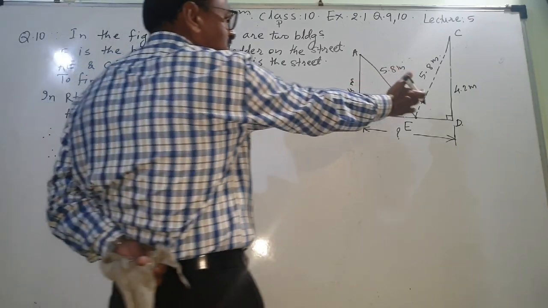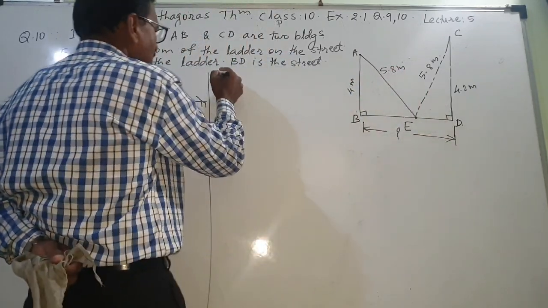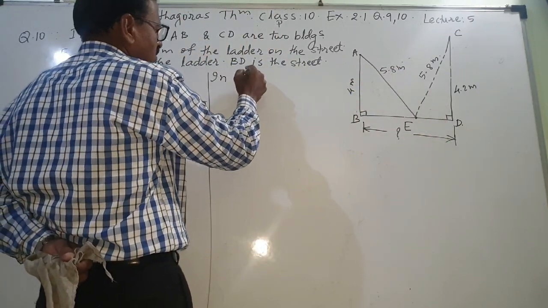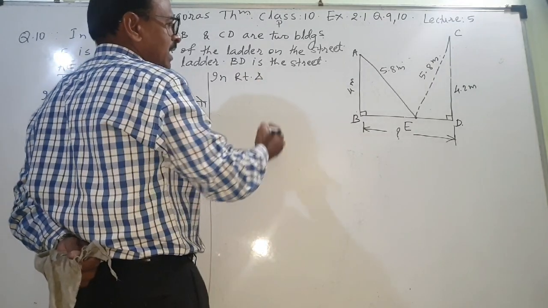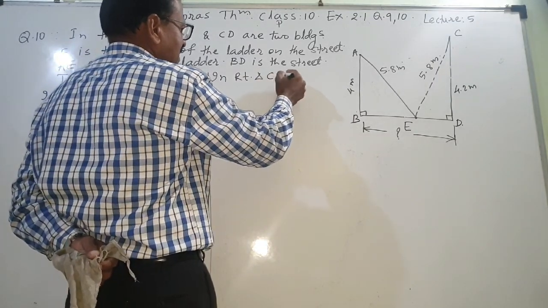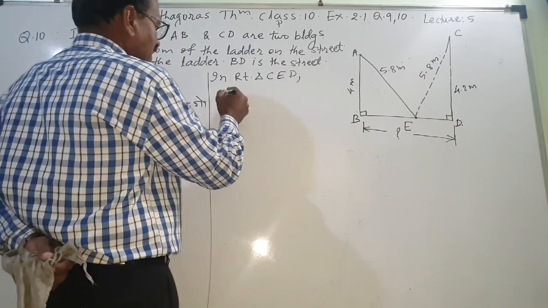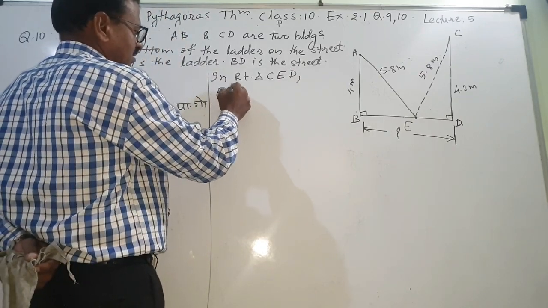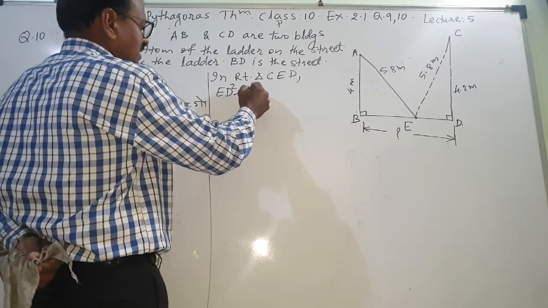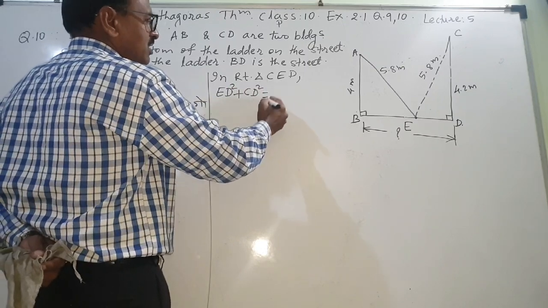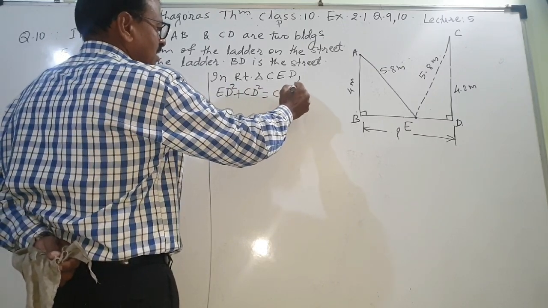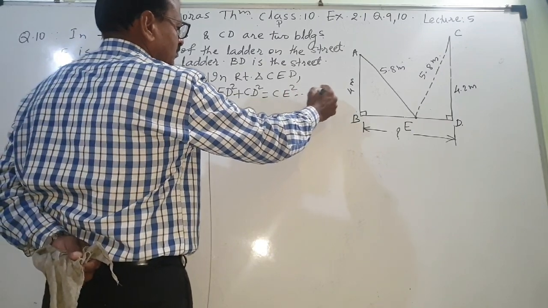Now I have to find this. In right angle triangle, which is that, CED, ED square plus CD square is equal to CE square. Reason, Pythagoras.